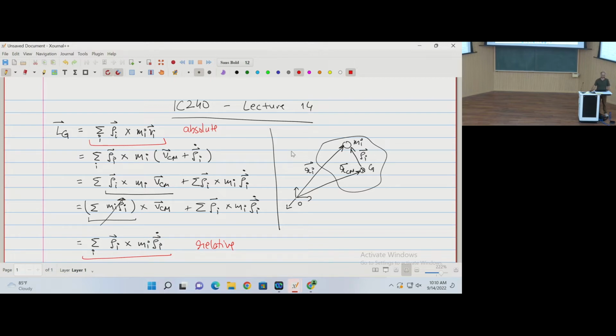This we discussed last time. So if you have confusion about why summation m_i rho_i is 0, then you have to resolve whether summation m_i rho_i should be 0 or not.